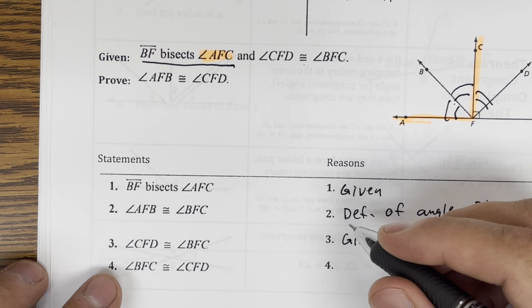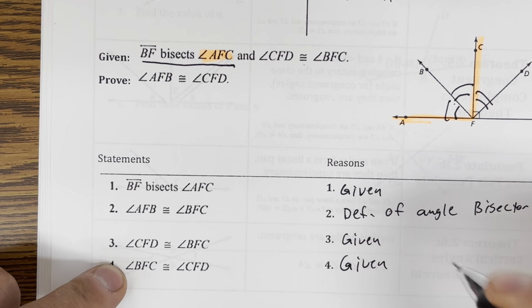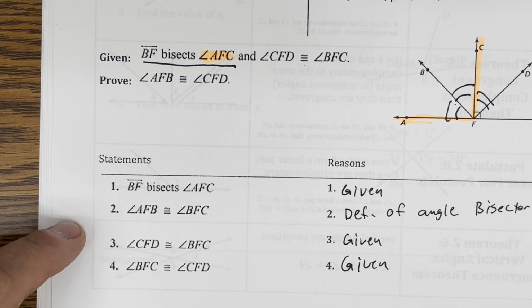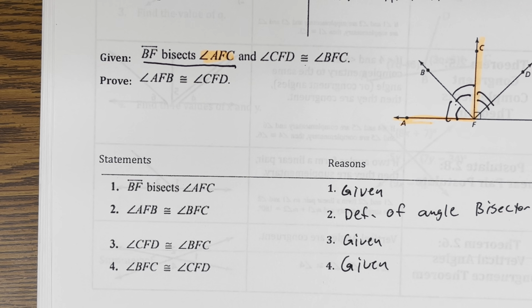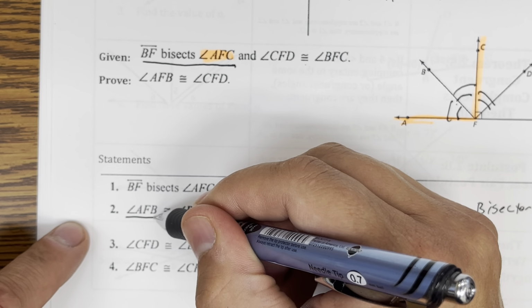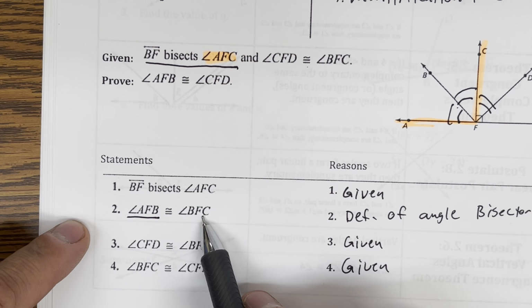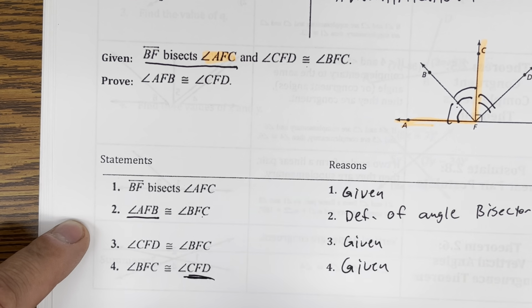All right, so our next step was a given. And finally, to end with, AFB is congruent to CFD. Well, let's see how we can put those 2 together. AFB is here, and it's congruent to BFC. Here's CFD.